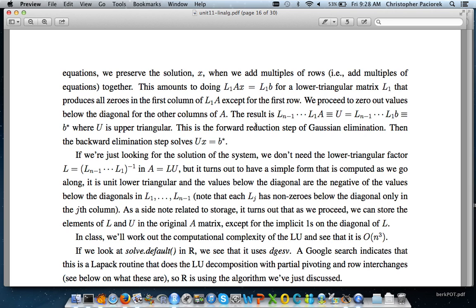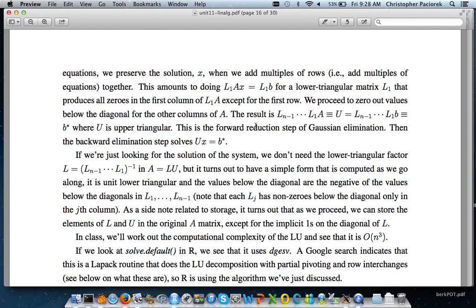So the idea of Gaussian elimination is I'm going to do a series of operations to this set of equations such that I zero out the A's in the lower triangle here. That's going to give me my upper triangular matrix. The process of doing that zeroing out, as we're going to see, can actually be written as a lower triangular matrix. And as a result, we can write A as being L times U, lower triangular times upper triangular.